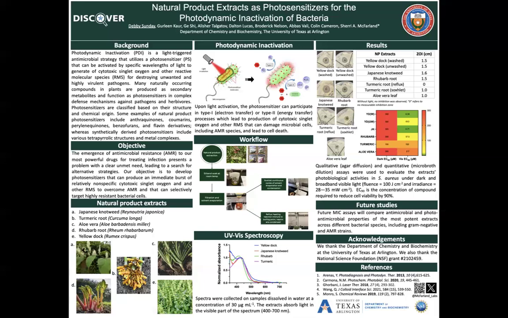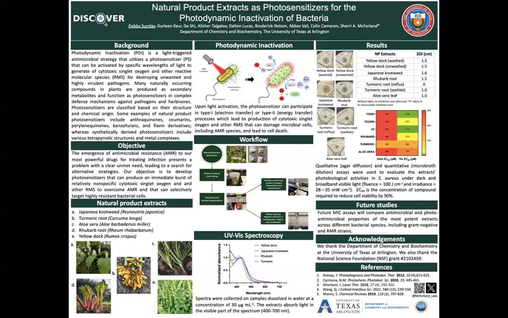To ultimately observe the activities of our natural products, we use two types of methods for our experiments. One is a qualitative method and the other is a quantitative method. The qualitative method is an agar diffusion assay, which involves spreading our selected bacterial strain, which in this case was S. aureus, across an agar plate, and then creating bored holes in that plate where we add our extracts in.